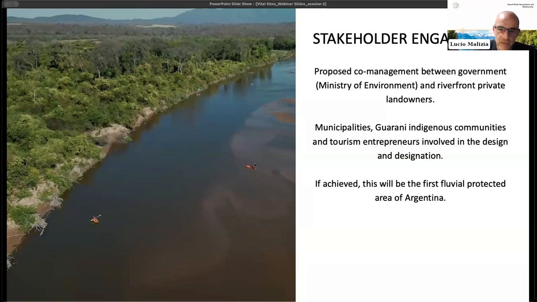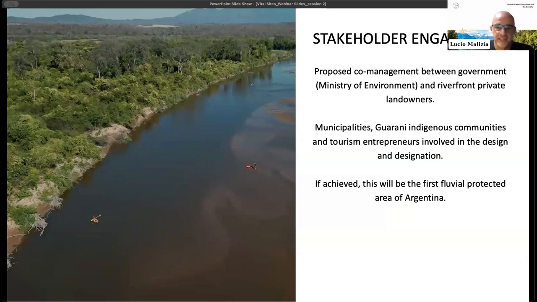And also we have been working with tourism enterprises that are looking at the river as an important place to develop tourist activities. It's incredible because it's the main river of the province, but very few people interact with the river, and the tourism agencies many times don't know the river.